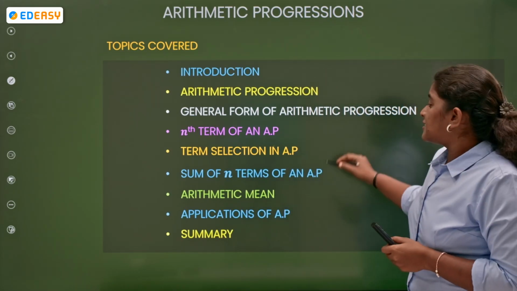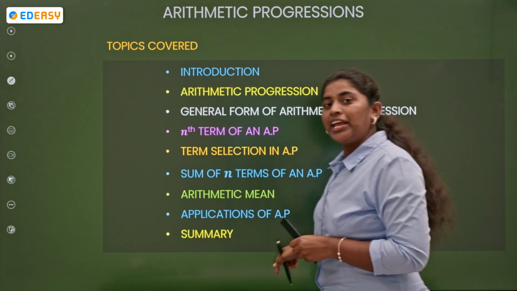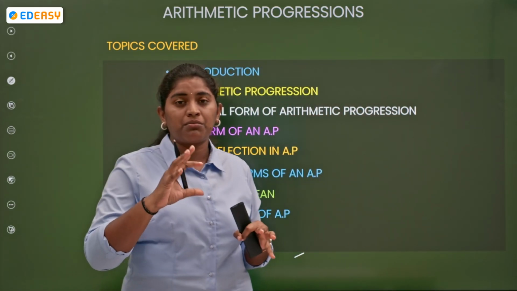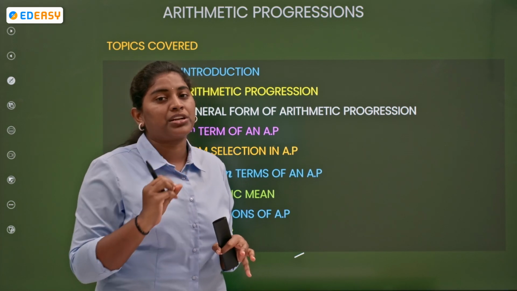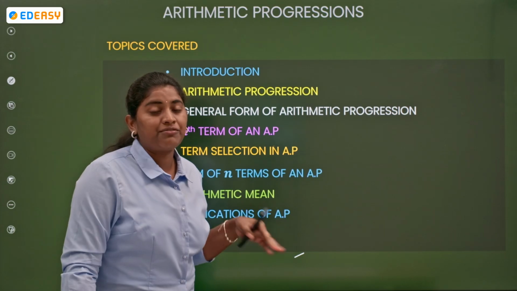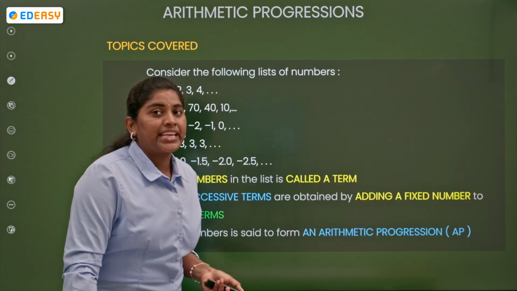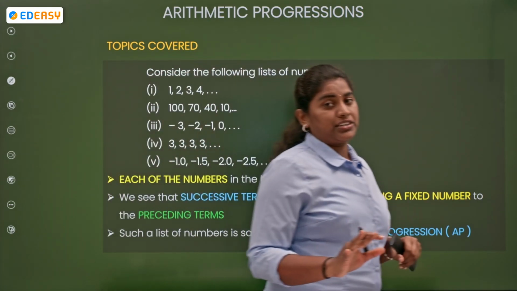Next, the sum of n terms, then arithmetic mean and the applications of AP, meaning how we derive some formulas from the arithmetic progression concept. Finally, we will solve some problems and once again revise all the topics. Clear? Yes. Let's start with the first concept, that is the introduction.